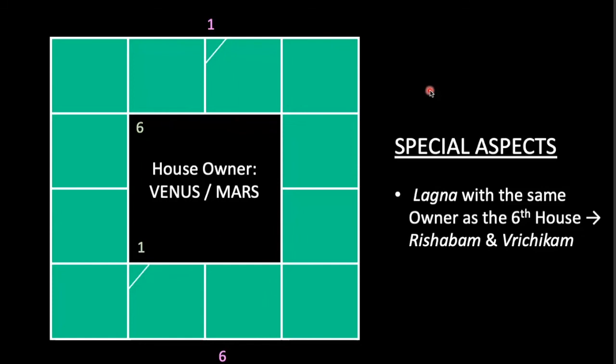So again, I've given you all a very basic overview, but you have to actually do your own research, look at charts, other people's charts, your family, friends, and if they are going through or if they have gone through a sixth house dasa or bhukti, try and analyze what they actually experienced and draw the conclusions from that into your own chart reading capabilities, and you will get better.